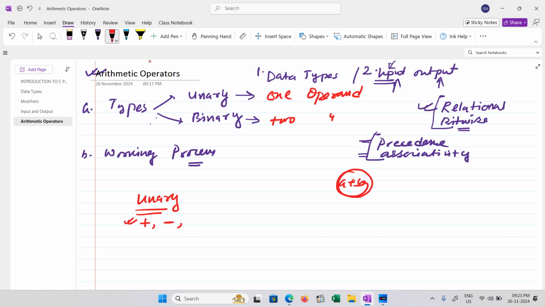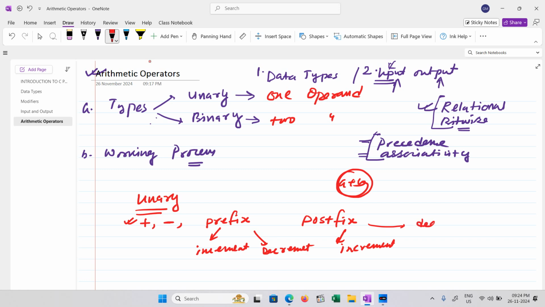And then we have two variants. One is prefix, then another is postfix. Under prefix, we have two variants: one is increment as well as decrement. Similarly, in postfix also we'll have increment, and here we'll have decrement as well.